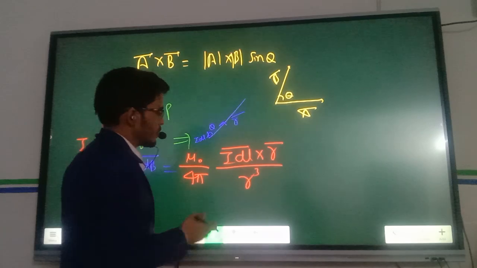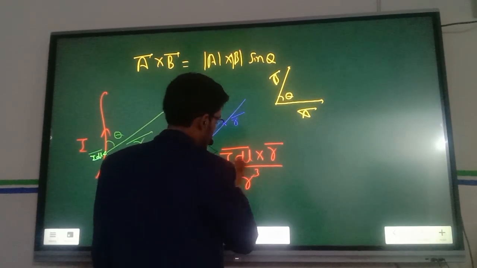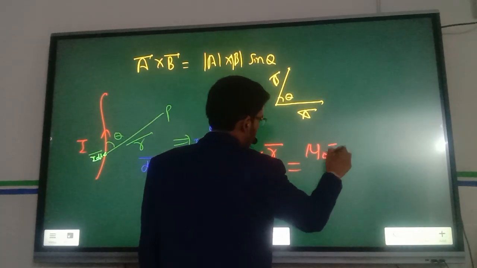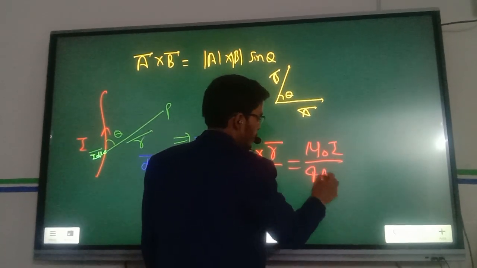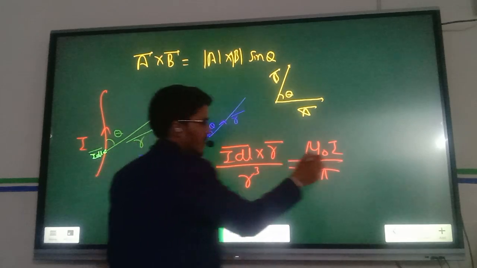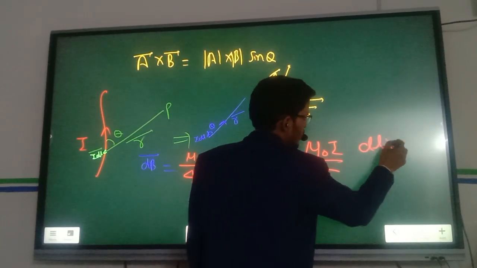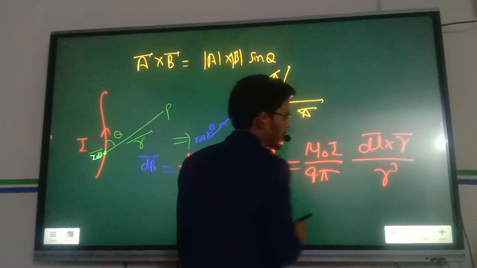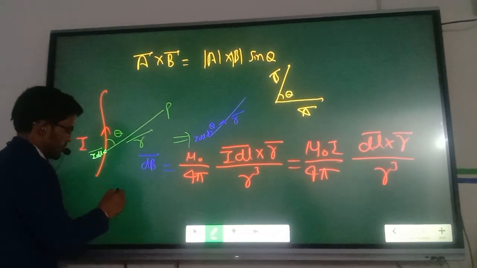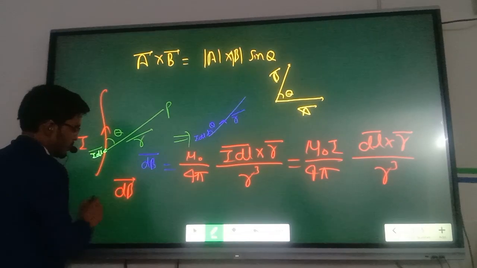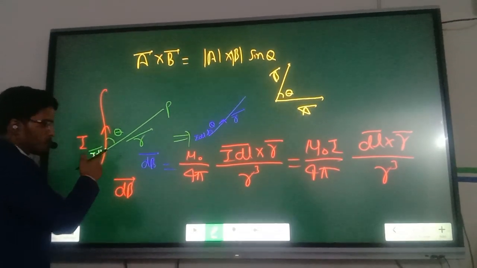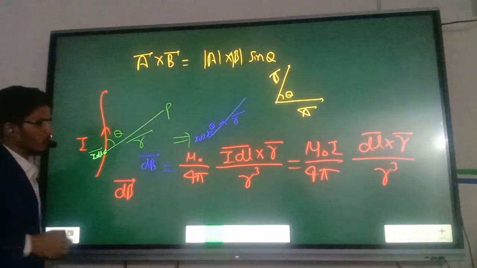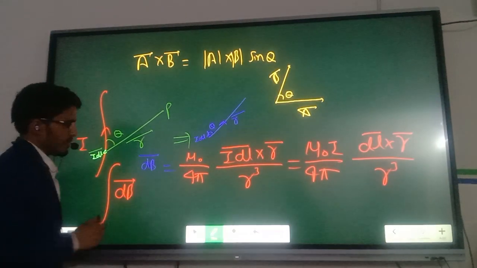I is constant, so we can take it common: mu naught I upon 4 pi, and here dL cross R upon R cube. Now dB is due to this small element, and we have to find the magnetic field due to the complete wire, so we can integrate this.